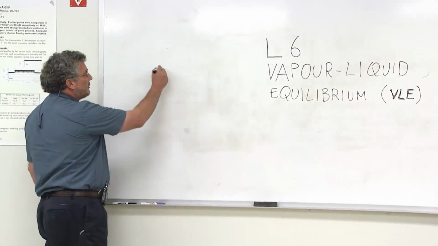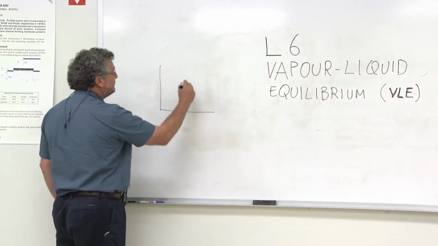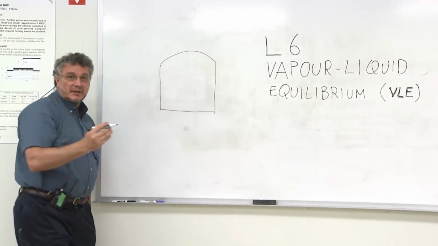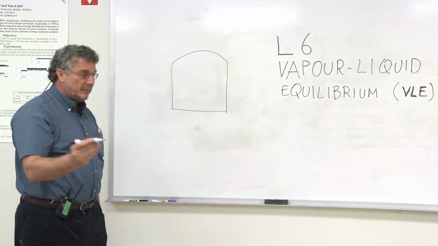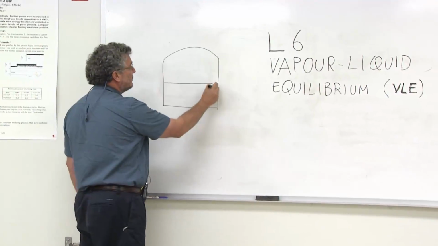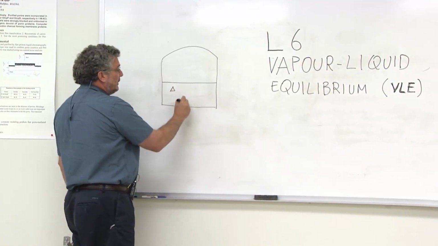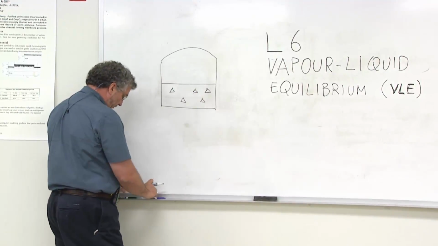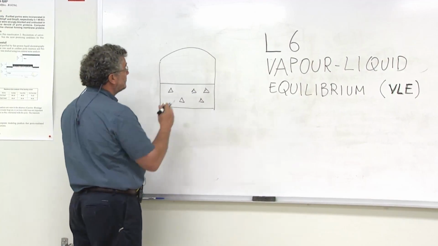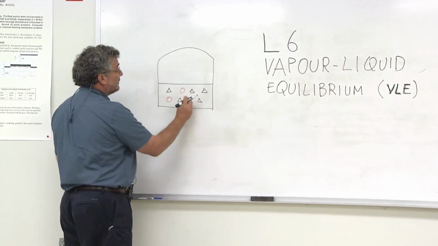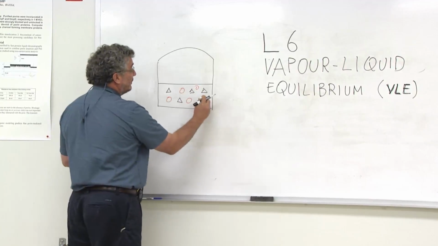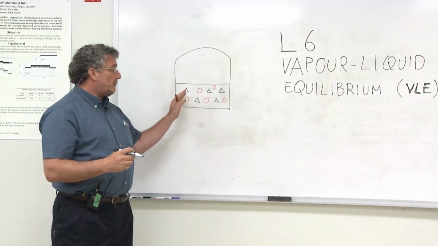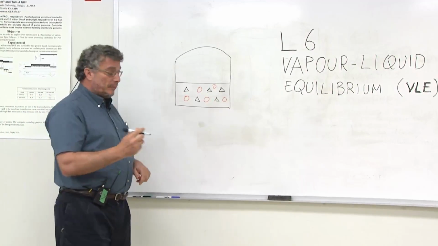When we have a mixture in a closed environment, and of course for the sake of simplicity we're going to take a binary mixture, it's made of two components. In the liquid, we will have a certain concentration of one of the components and the complementary concentration of the other component. If we express them in mole fractions, then both mole fractions should add up to 1.